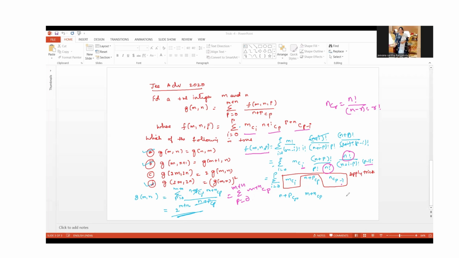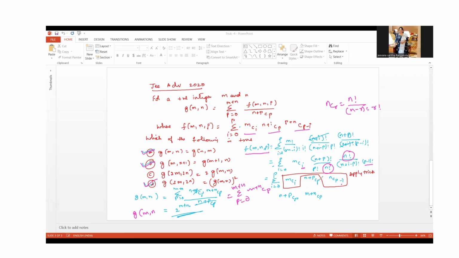After we arrive at this definition of g of m, n, it is easy to verify all the options. Option A is right, B is right, D is right. C cannot be right, because on the left side we get 2 to the power of 2 times m plus n, while on the right side we get 2 into 2 to the power of m plus n, which doesn't match.